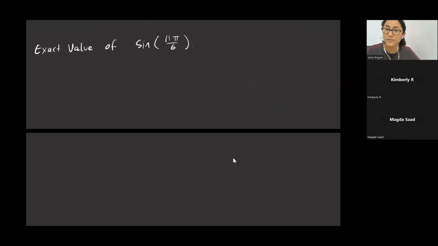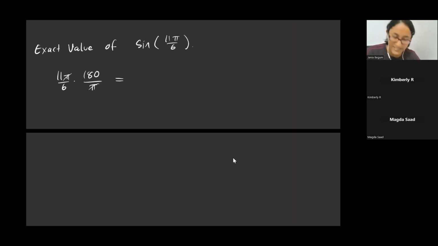So one way you can convert to degrees, or you can just rewrite. I thought you do 180 over pi. So you can do that. So 11 pi over 6 times 180 over pi to convert, right? So if you do this, what do you get? If you have a calculator, help me out.